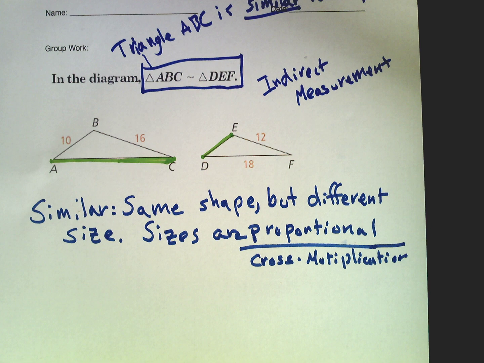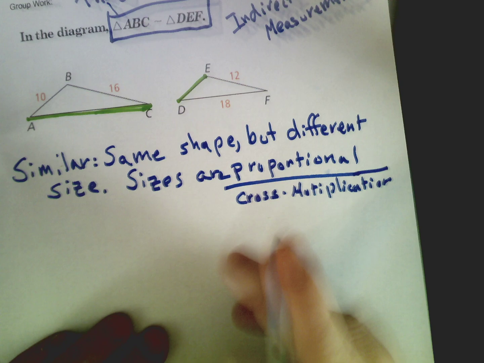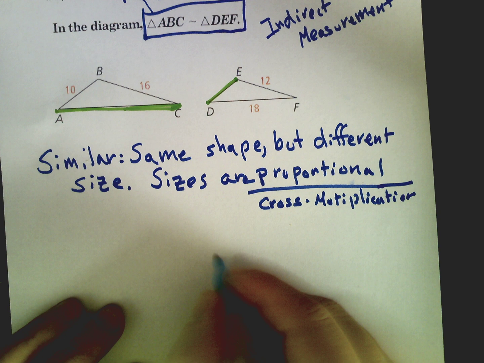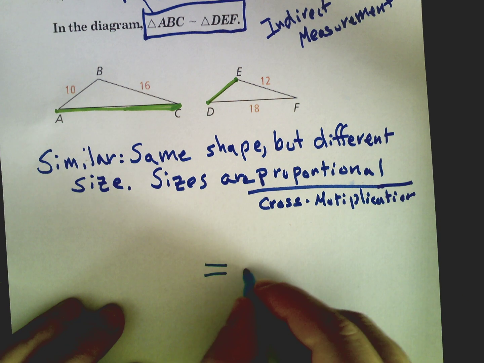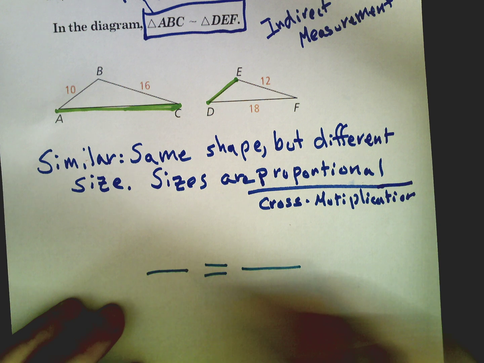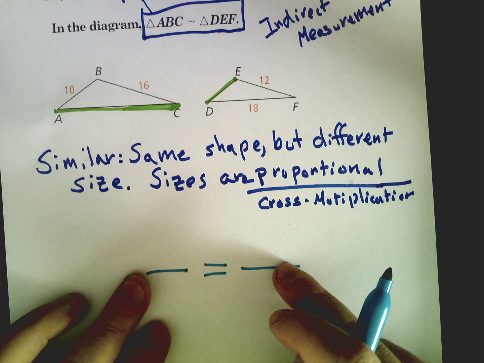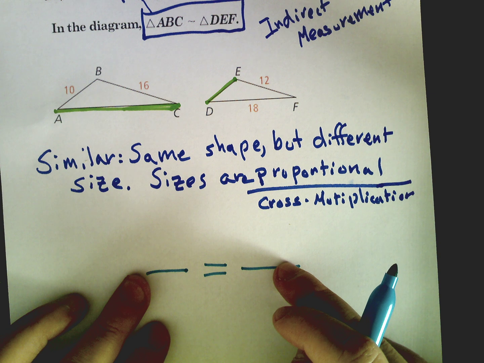So I'm going to go to the bottom, and for this problem, I'm going to get a lighter blue. I'm going to say for a second that I can put these sides in a cross multiplication problem. Here I'm going to have triangle ABC, and here I'm going to have triangle DEF.